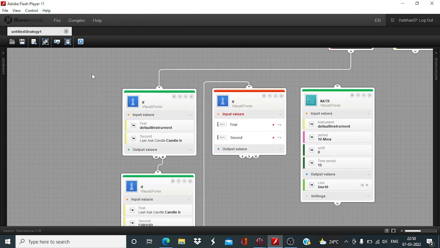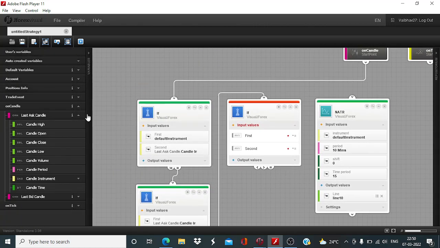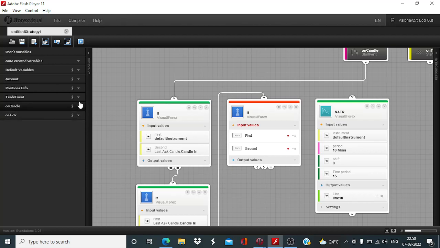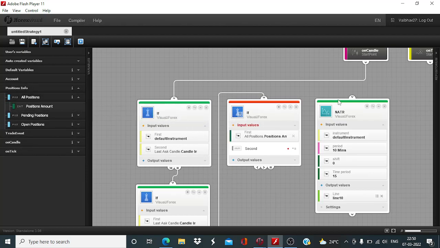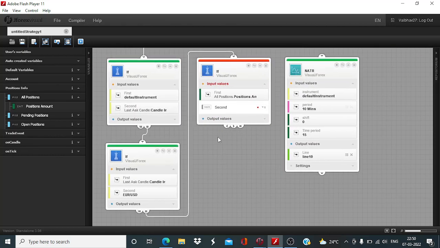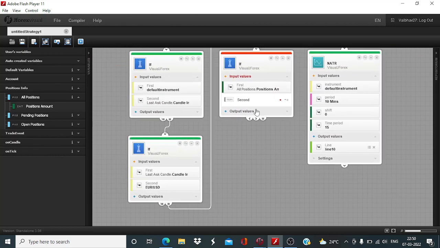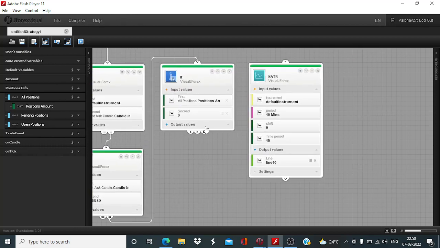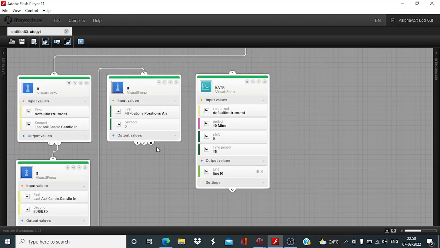Let us now define the position amount condition. Position amount, all right. And there should not be any open or pending position existing on the account. So I will define the second input parameter as 0.